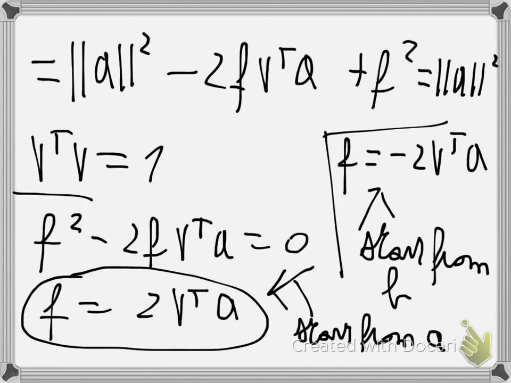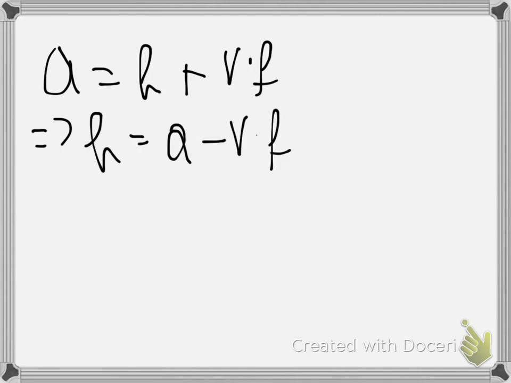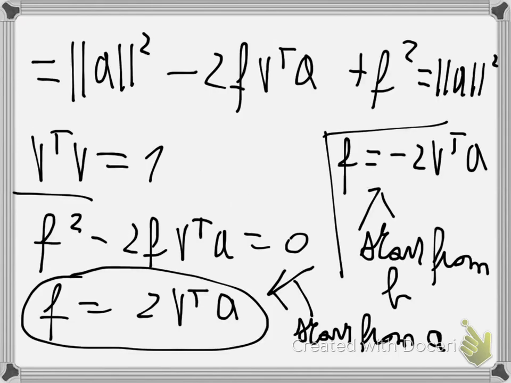Now we know that F is equal to 2V transpose A, and we know that we can express B. Remember, we know that A is equal to B plus V times F. So we know that B is equal to A minus V times F. Now we can substitute F, and get B is equal to A minus V times 2V transpose A. Okay?